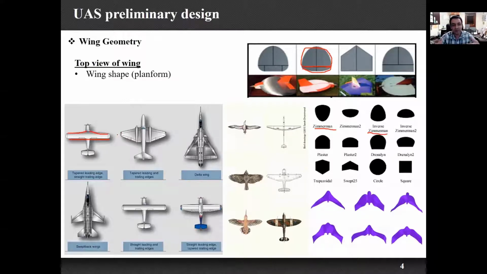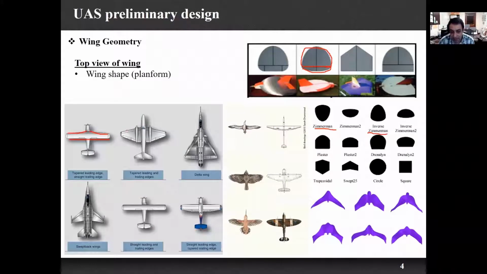The front part of the airplane, if I want to show you here, this front part is called the leading edge, and this part at the end is called the trailing edge of our wing.